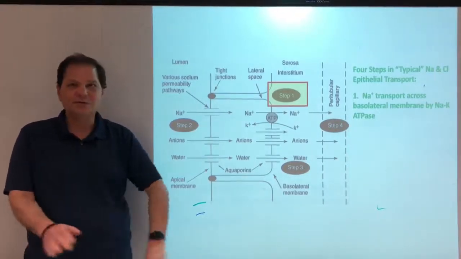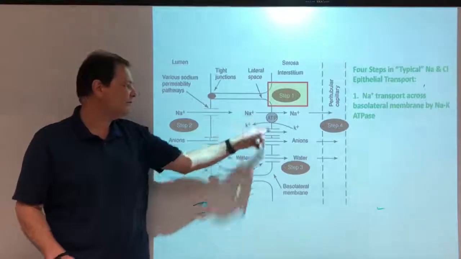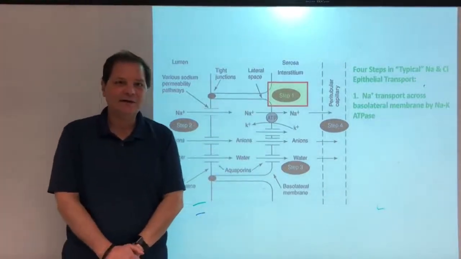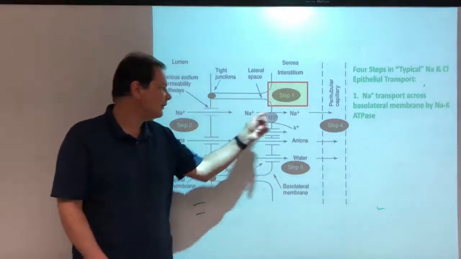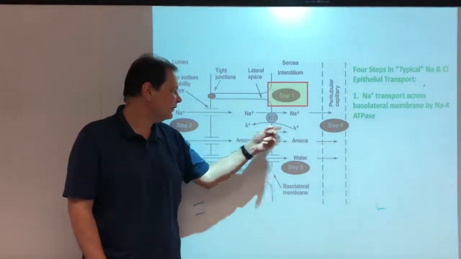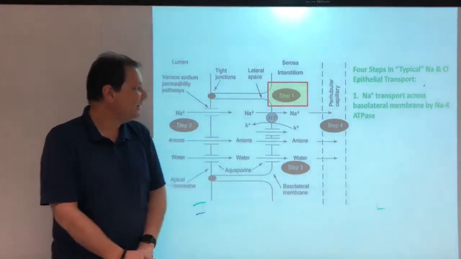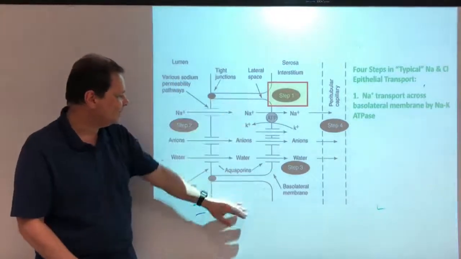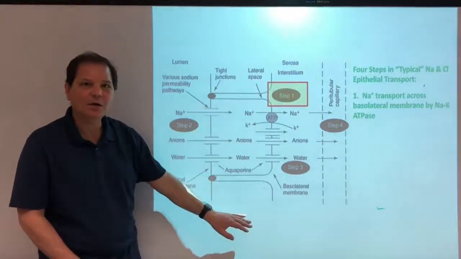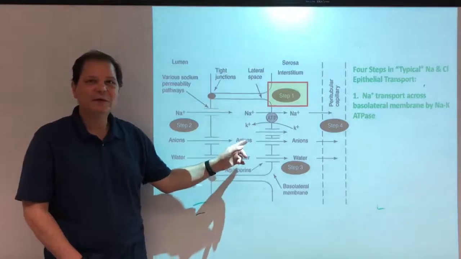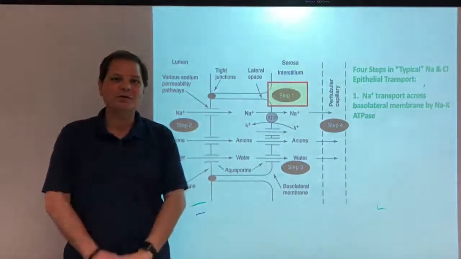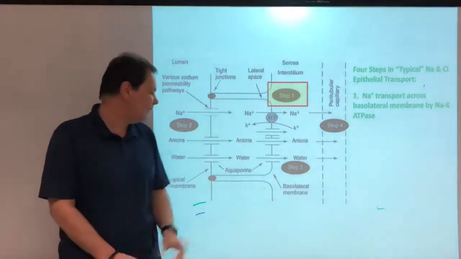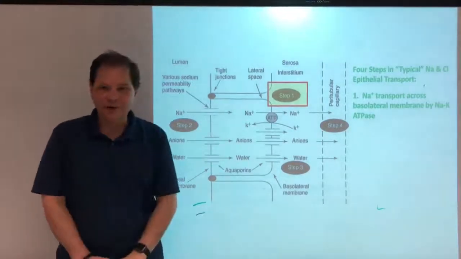And the vast majority of the time in epithelia, you will find this transporter there, and it is usually important for driving transport. What it does is transport sodium out of the cell and potassium in, and that keeps the sodium concentration low inside this cell. And because the sodium concentration is low, you can use the sodium gradient across the apical membrane to drive transport.